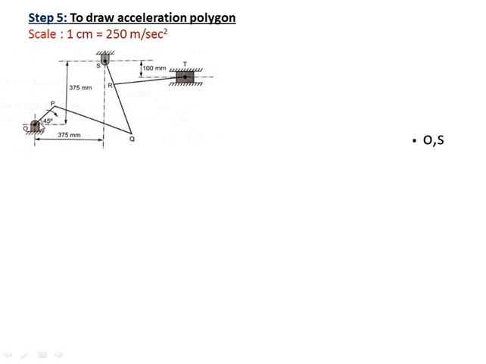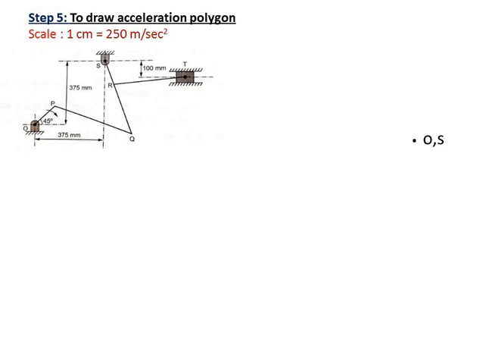Now remember, always you have to draw centripetal acceleration first, and then you have to draw tangential acceleration, and then its net resultant will be the total acceleration. So first we have to locate centripetal acceleration of OP. The centripetal acceleration of OP magnitude we have calculated already in the previous table. Now the direction is parallel to the link.